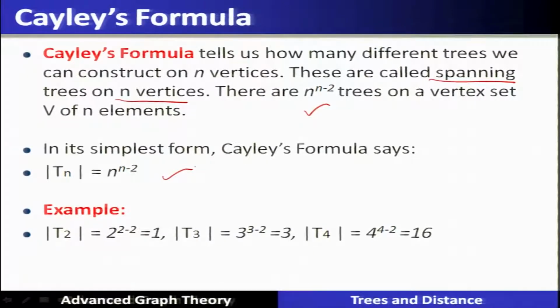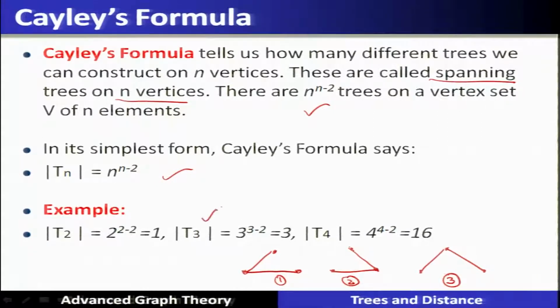Let us take the example when it has 3 different vertices. If it has 3 different vertices, you can form 3 different spanning trees in this way. Either these 2 vertices are connected by an edge, or these 2 vertices are connected by an edge. This is 1, 2 and 3.